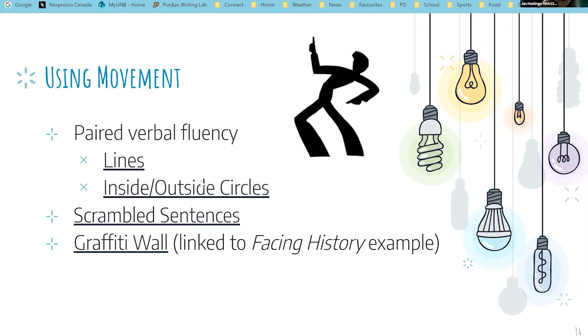Sandy, Cindy asked for an example of a question that you would start with, I think, for paired verbal fluency. Honestly, it has to do with whatever topic you've done. Let me think about this for a moment. If I did it based on this presentation, I might say, what's something that really stood out for you from today's presentation?